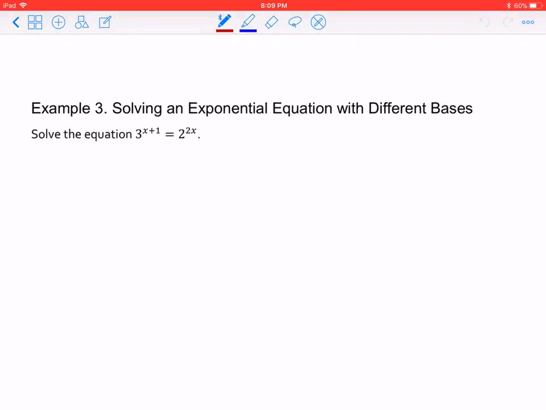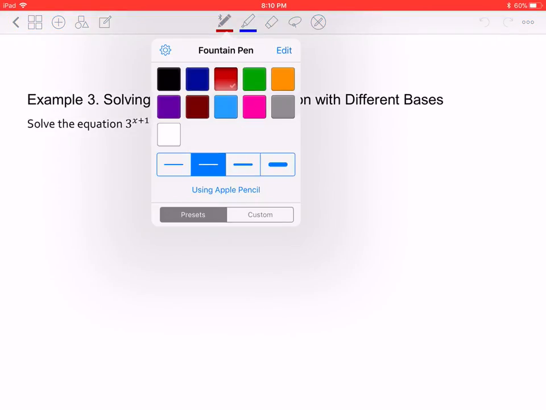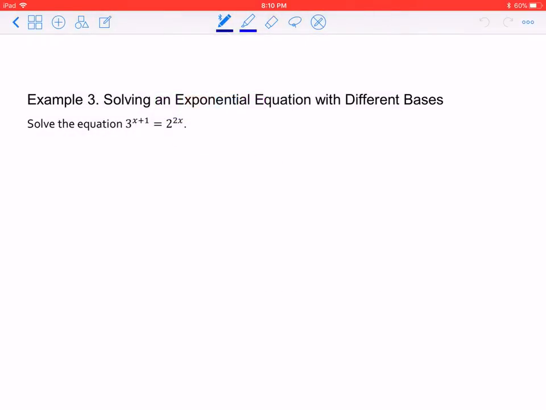In this example, again, we have different bases, so I'm going to apply that same strategy that I did last time. The nice part is I don't have to isolate the exponential part this time. So let's go ahead and just say, all right, I'm going to take the natural log of both sides.